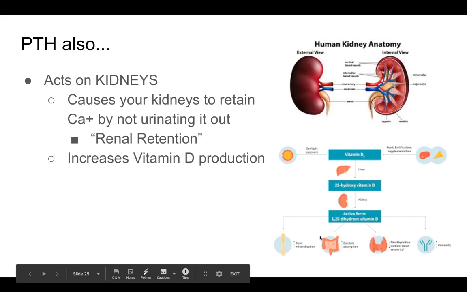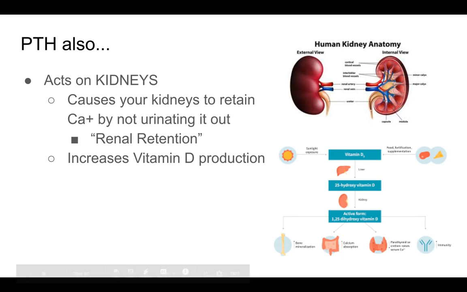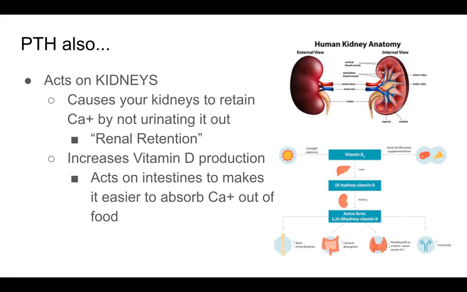So focus right here on our intestines. If PTH tells our kidney to amp up this vitamin D production or synthesis, that is helpful when it acts on our intestines. So it's going to go to our intestines and it's going to make it much, much easier to absorb calcium out of the food that we have eaten.